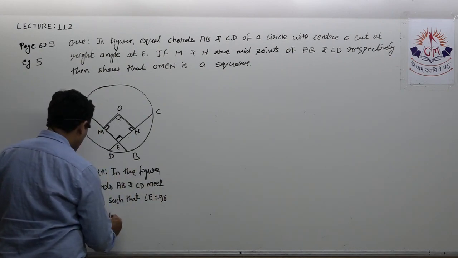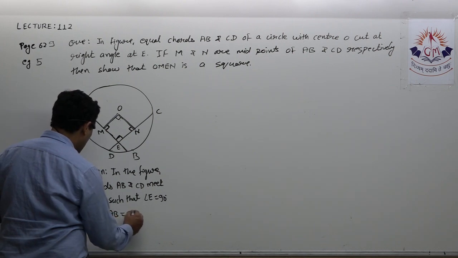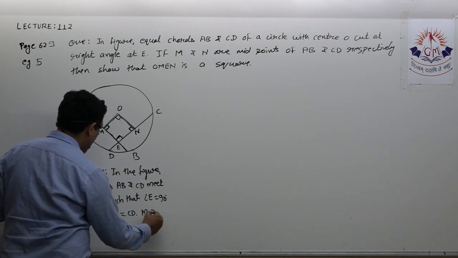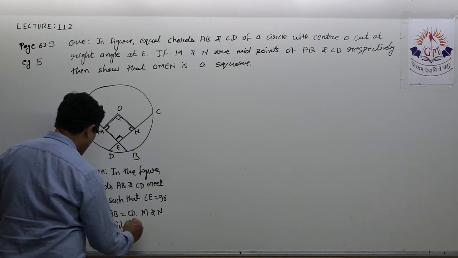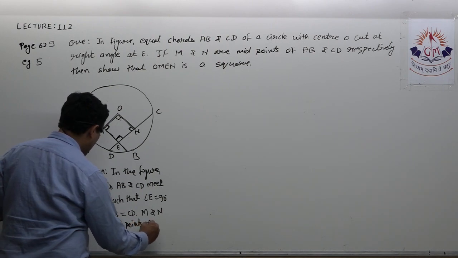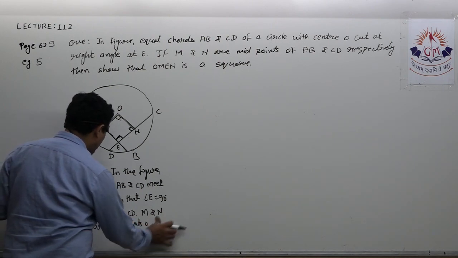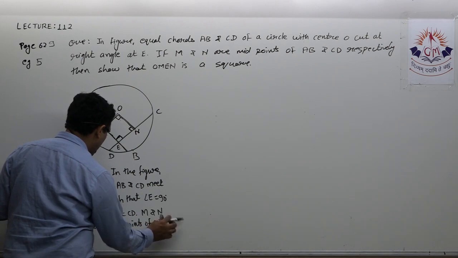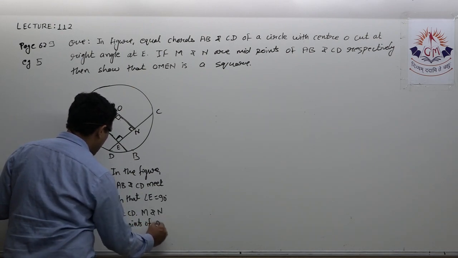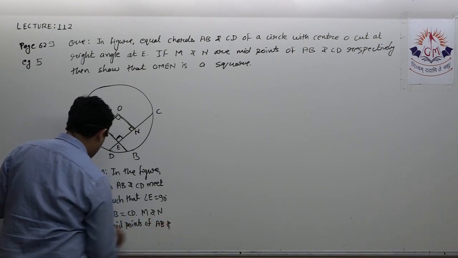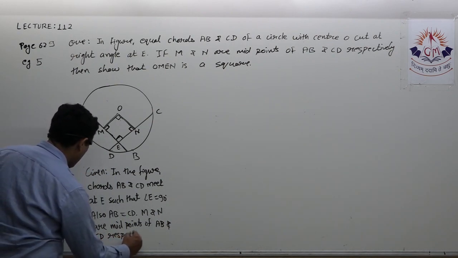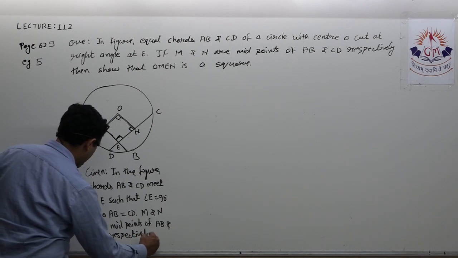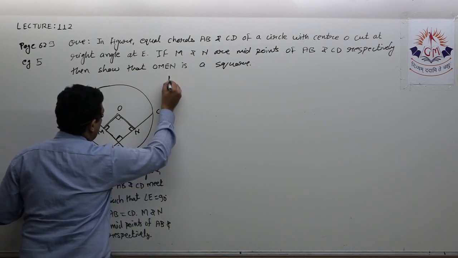Also AB is equal to CD. M and N are midpoints of AB and CD respectively. That is the given information.